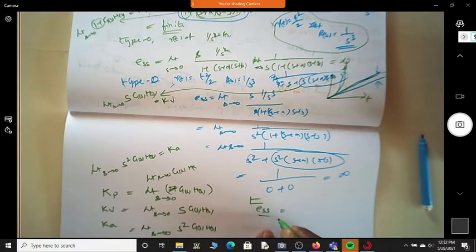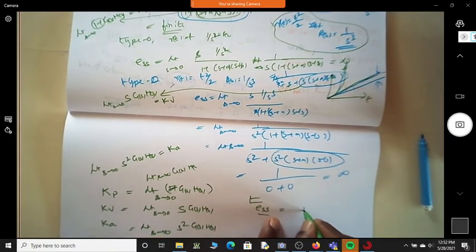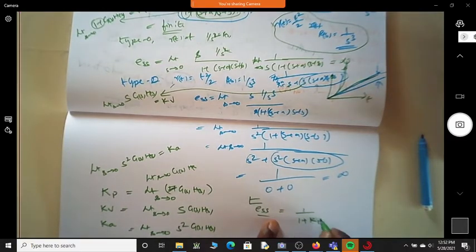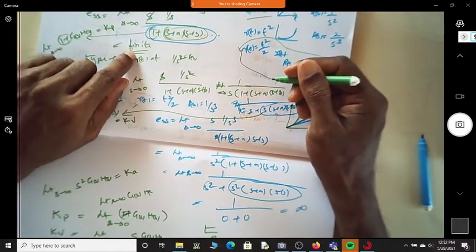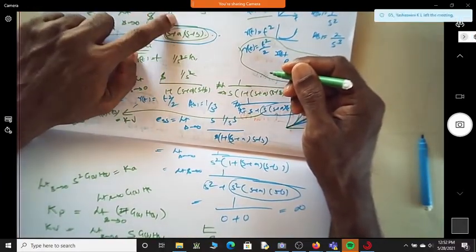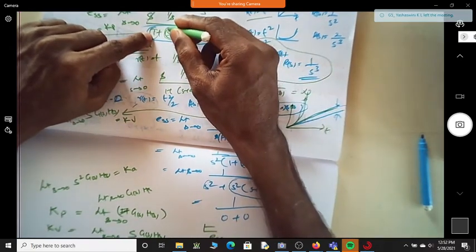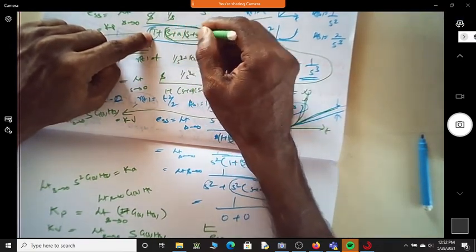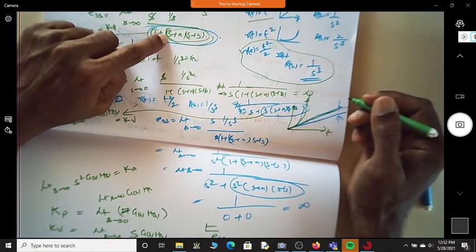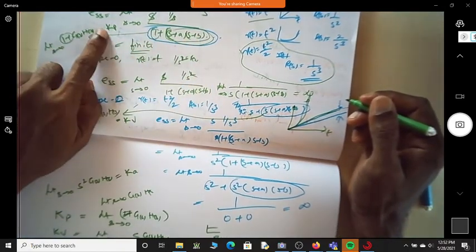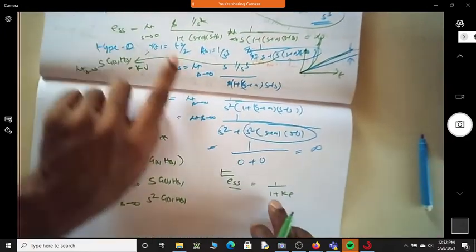Shall I now write ESS is equal to 1 over 1 plus Kp? Yes, sir. Because what is the expression? This s and s will go off, and you end up with 1 plus limit of s tending to 0 of this transfer function, which is nothing but Kp. So I will write it as this.